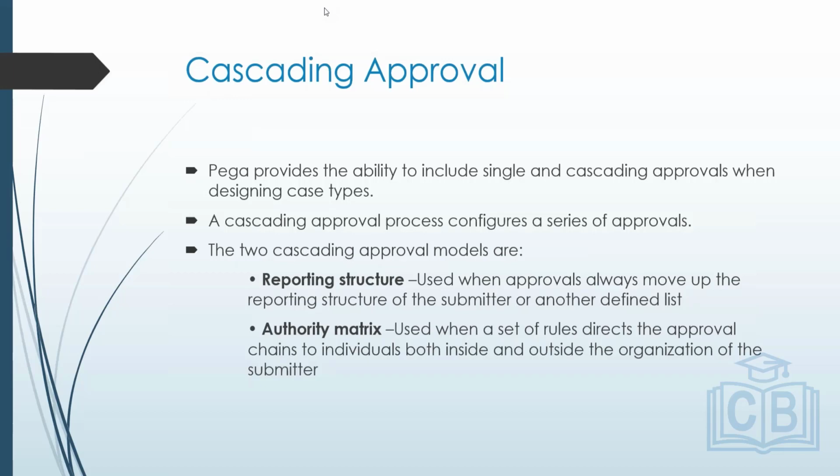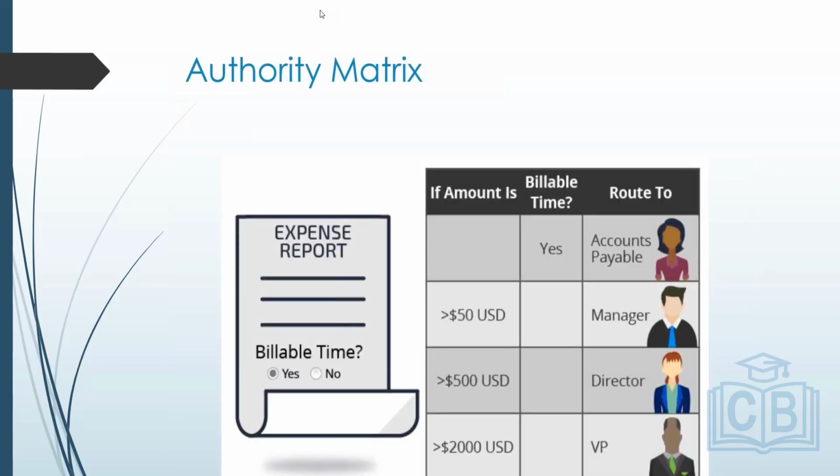From the manager, it might go to the finance team, auditor, and then finance manager. Does it mean your manager is reporting to the finance manager? No, but still the approval is required from people outside your department. So the authority matrix is where people from different departments or people who are not part of your team are also involved in the approvals.